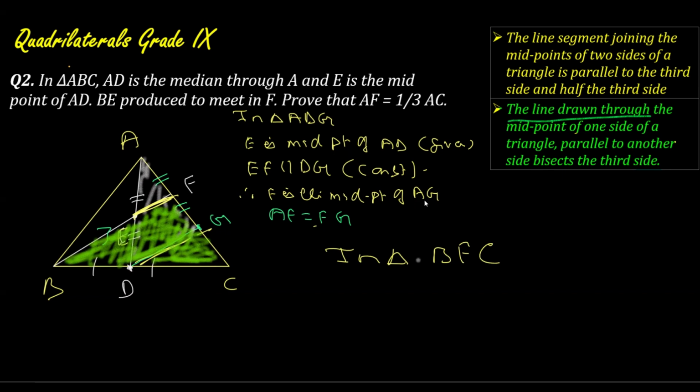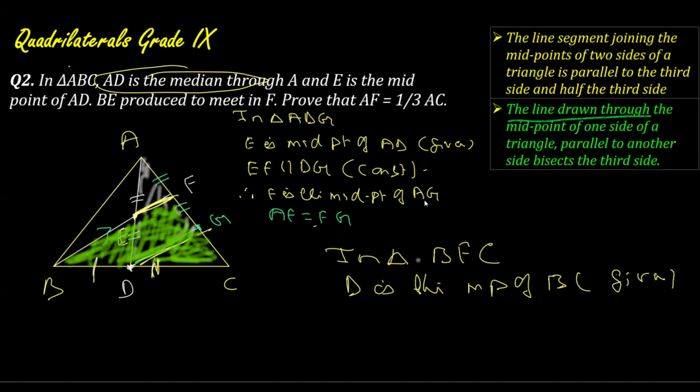Here, you can observe that D is the midpoint of BC, and that is given. As I said in the beginning, AD is a median, and a median is a line joining the vertex to the midpoint of a side. So D is the midpoint of BC, and this is given.